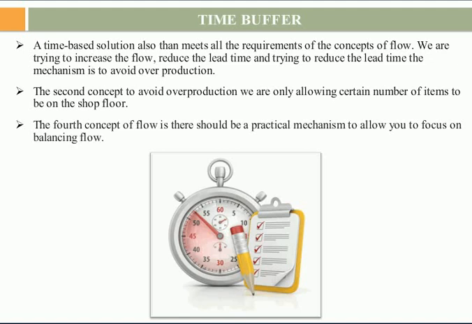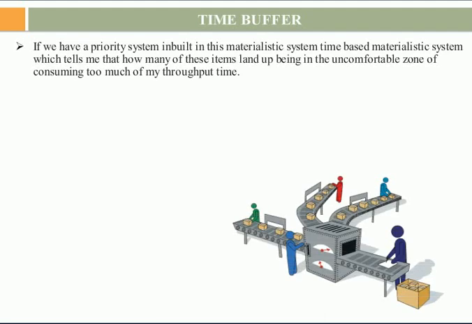Now comes the fourth concept. The fourth concept of flow is that there should be a practical mechanism to allow you to focus on balancing flow. So we have just learned that if we have a priority system built into this time-based material release system, it tells me how many of these items land up in the uncomfortable zone of consuming too much of my throughput time.